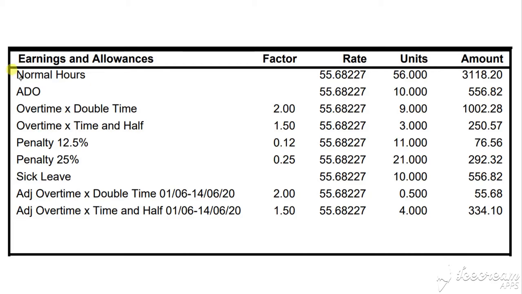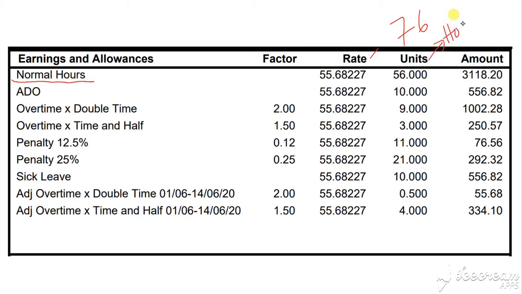Let's start with normal hours. If you're a full-time worker like I am, usually you work 80 hours a fortnight, 4 of which goes into what I call the ADO basket. In other words, you should get paid 76 hours, and anything above that is considered overtime. Rate is how much I get paid per hour.